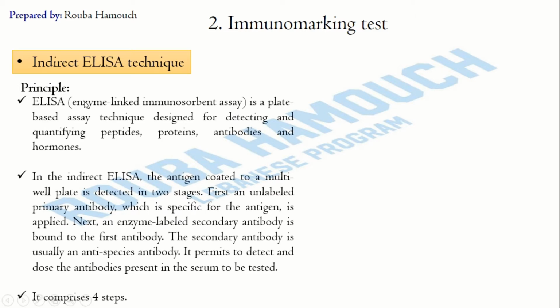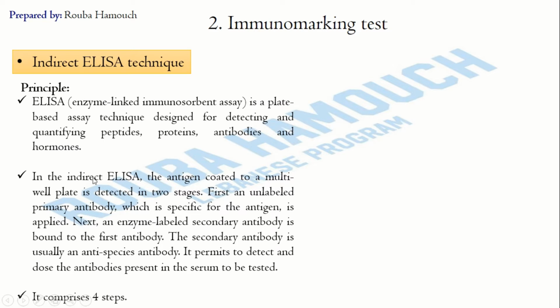ELISA, enzyme linked immunosorbent assay, is a plate-based assay technique designed for detecting and quantifying peptides, proteins, antigens, hormones, and antibodies.